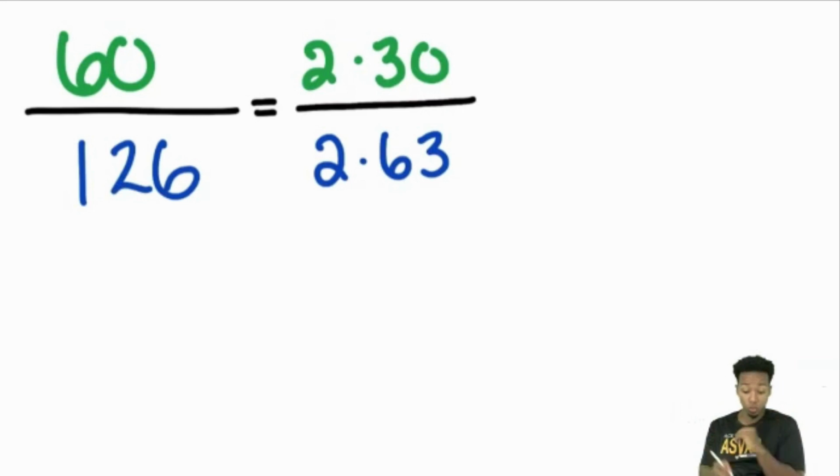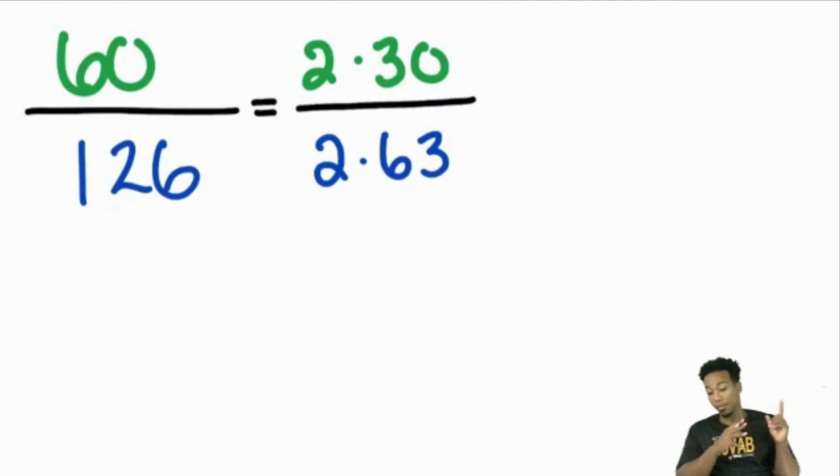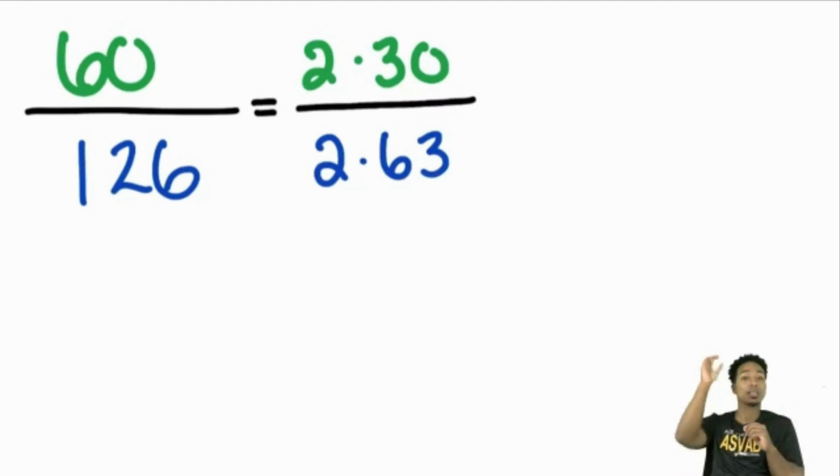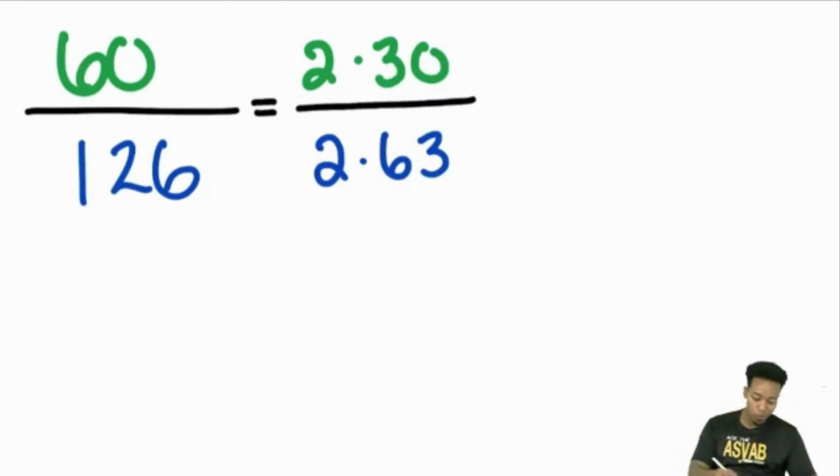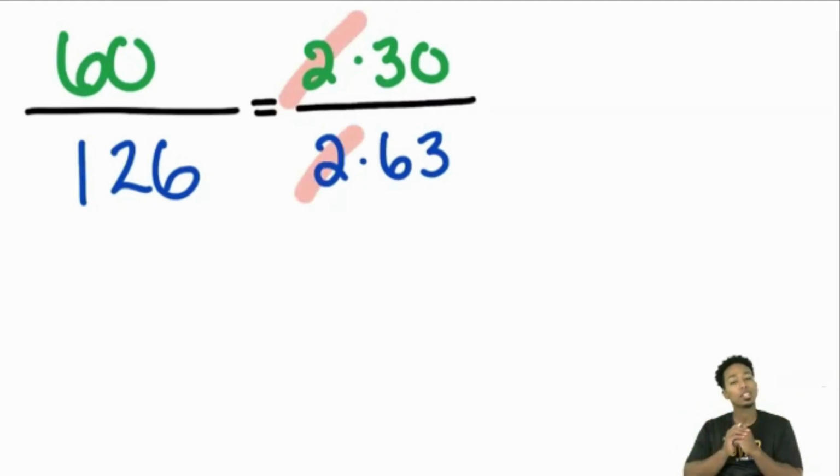Again, all I'm doing is rewriting this. 60 is the same thing as 2 times 30. 126 is the same as 2 times 63. So everybody, what number am I going to cancel from the numerator and denominator? The 2. Exactly, because the top and the bottom are being divided. So if you have a 2 up top and a 2 on bottom, boom, you get to cancel it out.